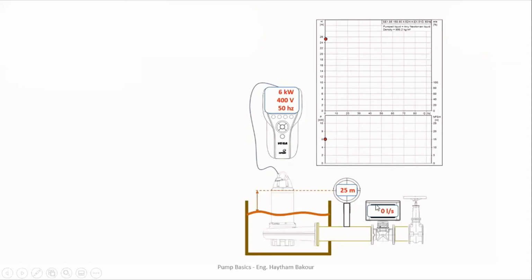At first, we close the valve so there is no flow rate and it is 0, and then we start the pump. We can see that we have 6 kilowatts, while the head is 25 meters of water, while the flow is 0.